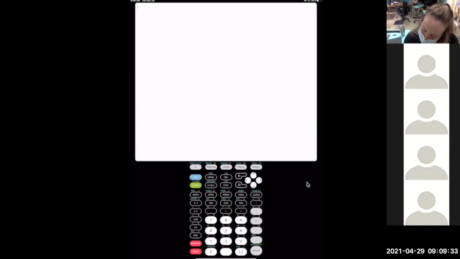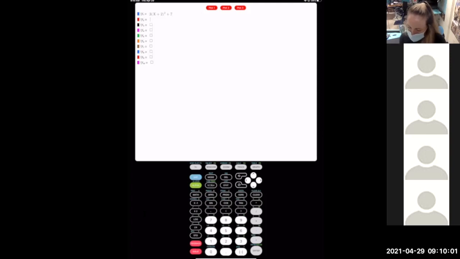Then we're going to go to y equals, and I'm going to plug in the equation from our problem, which is 3 times x plus 2 squared plus 7. The squared button is 3 buttons below the green button. Remember the parentheses are above 8 and 9.